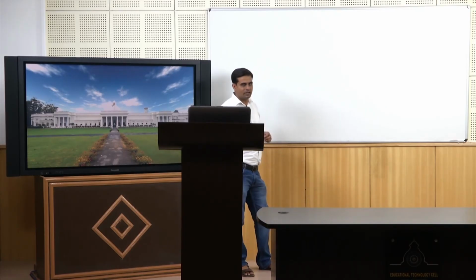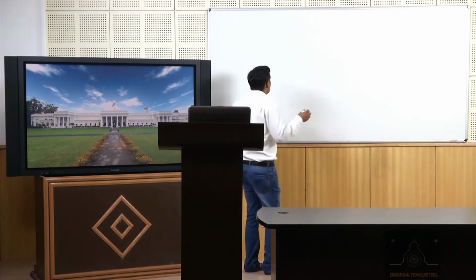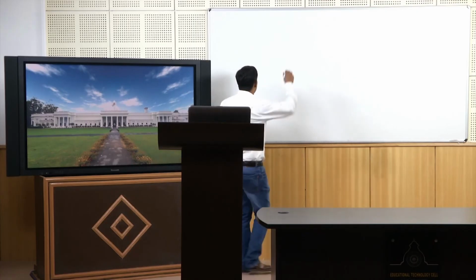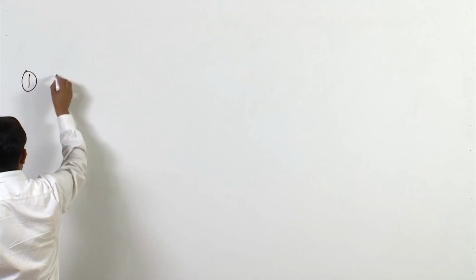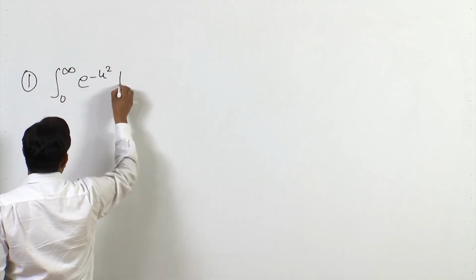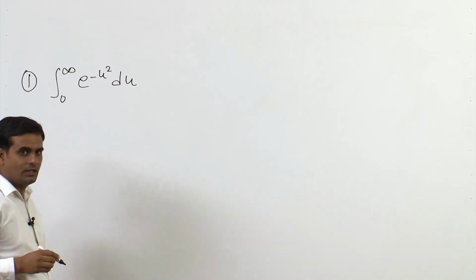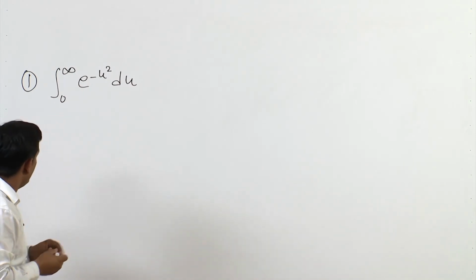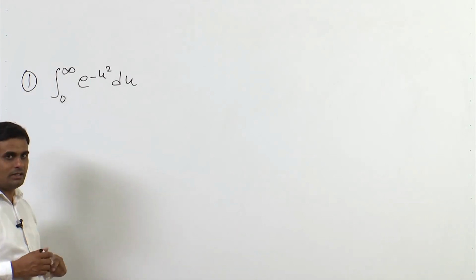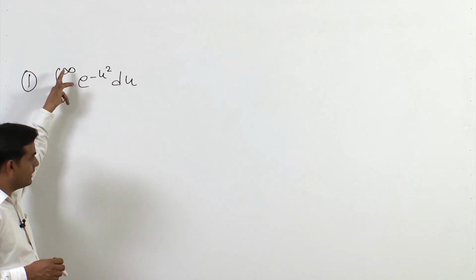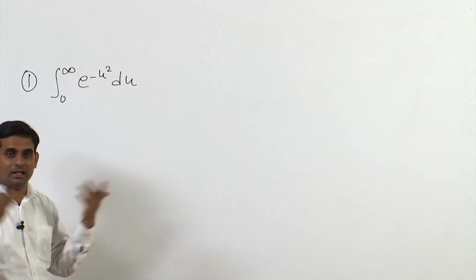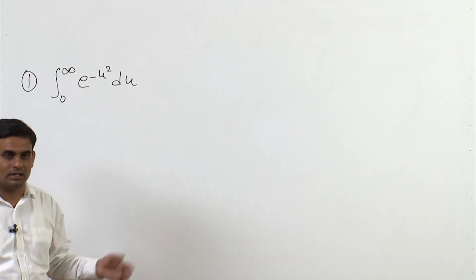Based on this result we can solve many other integrals which are not possible to solve without the knowledge of gamma function. So, one of them, let us take ∫ 0 to infinity e raised to power minus u square du. If we do not have the knowledge of gamma function, for solving this integral we need a u here just before e, but we do not have it here. So, we cannot make any proper substitution here.